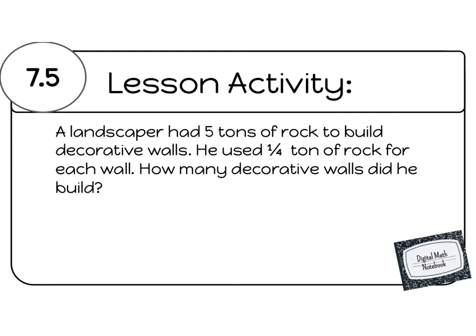So that means that we're going to go back and find he had 5 tons of rock. He's building walls. He used is an important word, but remember, this unit was on dividing. So we're not going to subtract, because he didn't just use 1/4 of the rock. He used 1/4 for each wall.